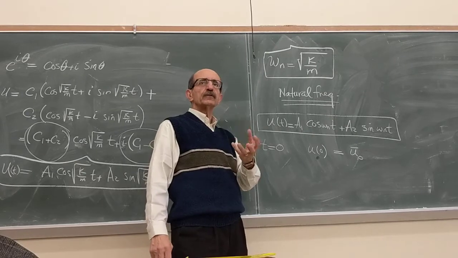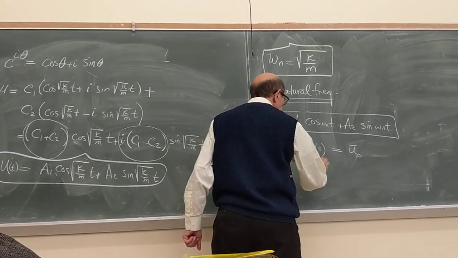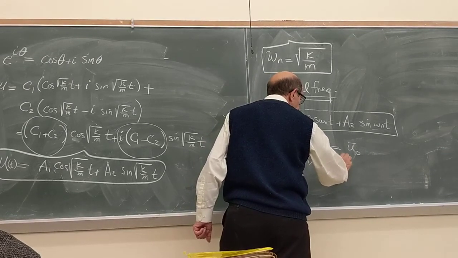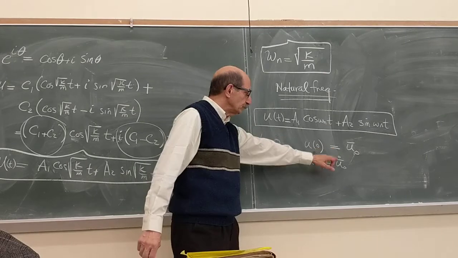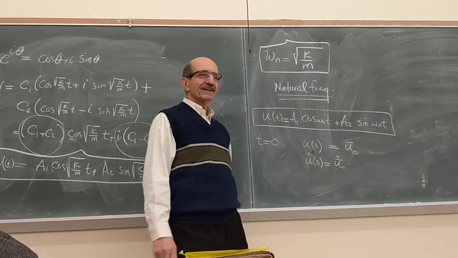It means a specific numerical value. And velocity at time 0 also has a certain value that I call u dot naught bar.